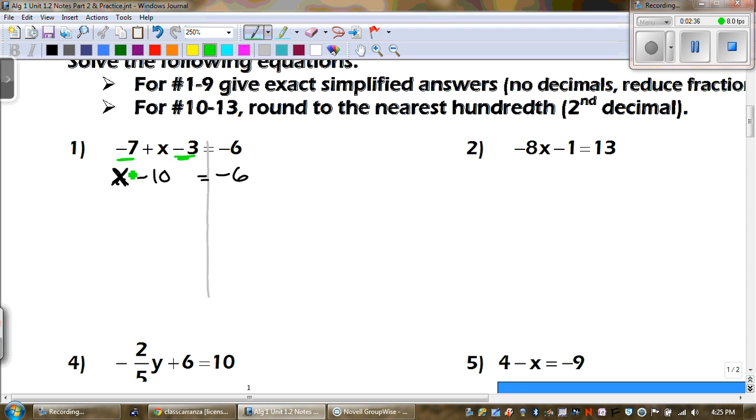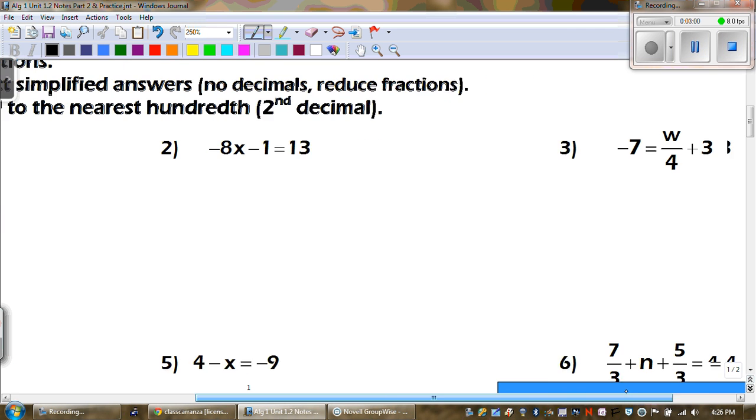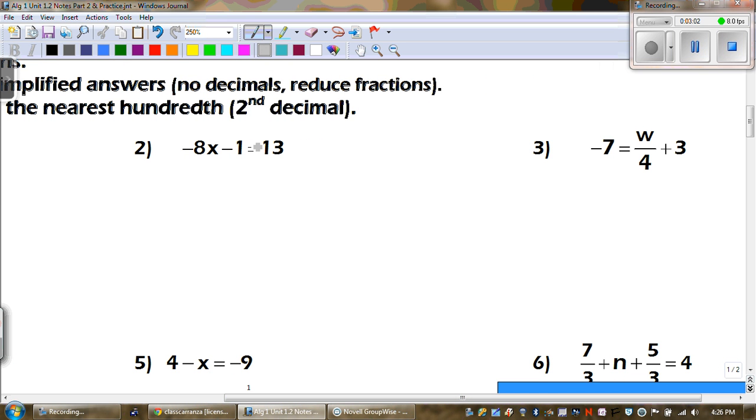Now to get the x all by itself, I needed to do the inverse operation. And the inverse of a negative 10, or subtracting 10, is positive 10. Negative 6 plus 10 is positive 4.